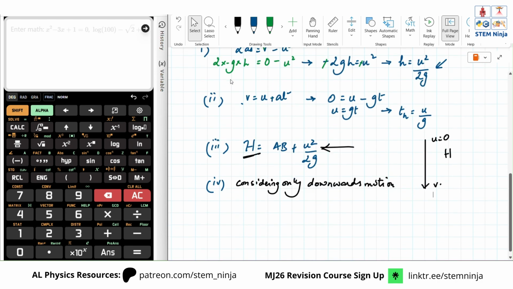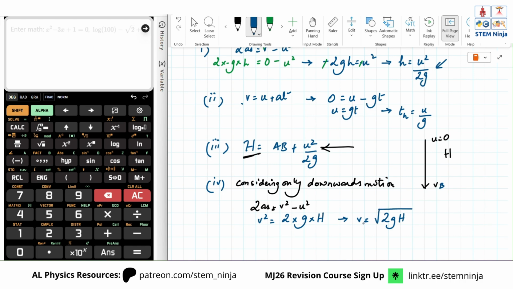So we can just use 2as = v squared minus u squared. Since in this part of the motion the object is starting from rest, u would be 0, and v squared would be 2gH, since we are only considering one directional motion. So v would be the square root of 2gH, the final velocity. We designated this to be VB, so let's call it v.